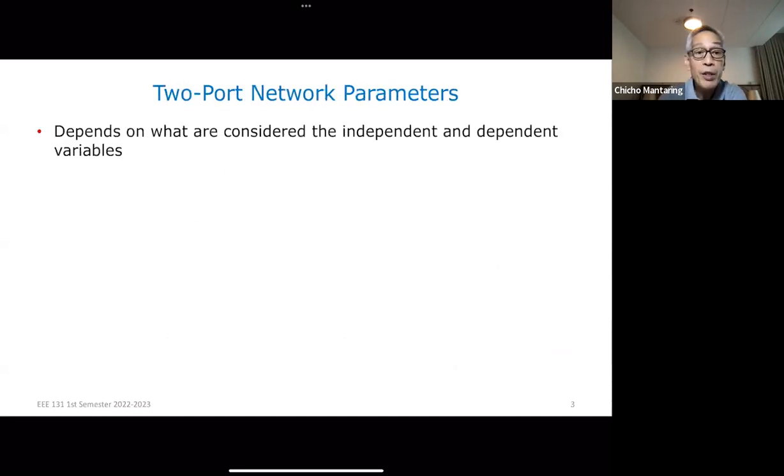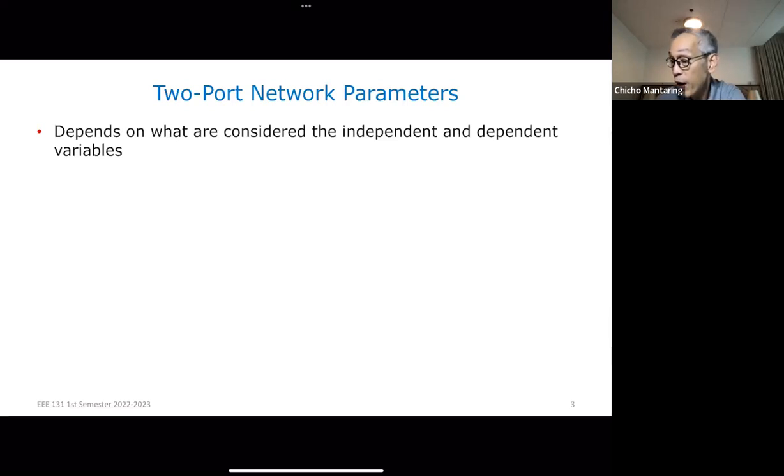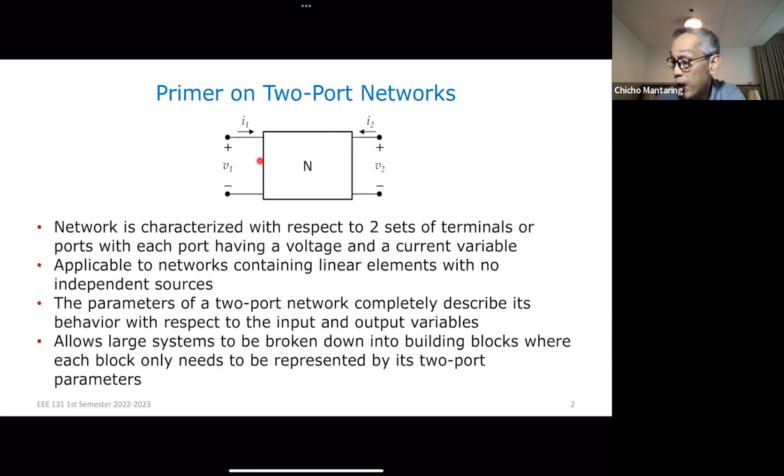Now, the parameters of a two-port network depend on what are considered to be the independent and dependent variables. And I'm going to give you one example. If the independent variables are I1 and I2, and the dependent variables are V1 and V2, the network can be characterized by what are called its open circuit Z parameters. Okay? So again, we have four variables, V1, I1, V2, I2. Two of these will be independent and two of these will be dependent.